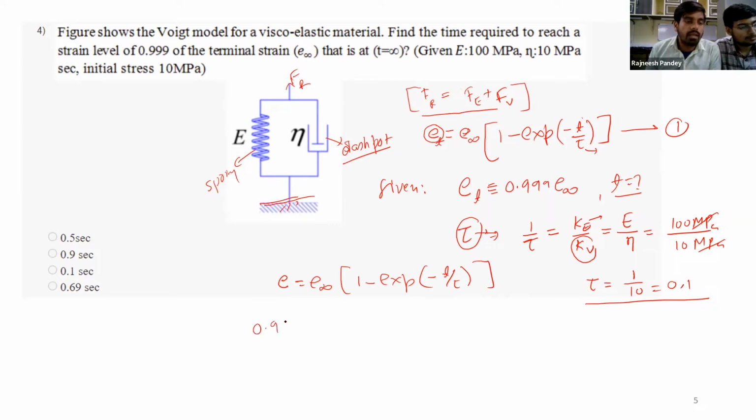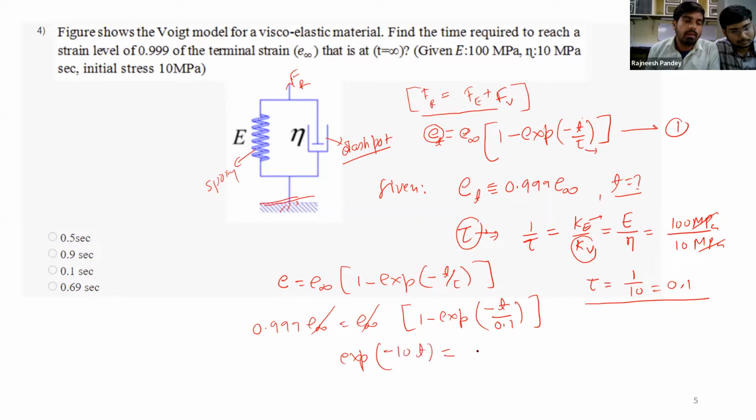E is 0.999 times E infinite, and this is E infinite times 1 minus e to the power minus t by 0.1. The E infinite cancels out, and we have e to the power minus 10 times t equal to 1 minus 0.999, which is 0.001.